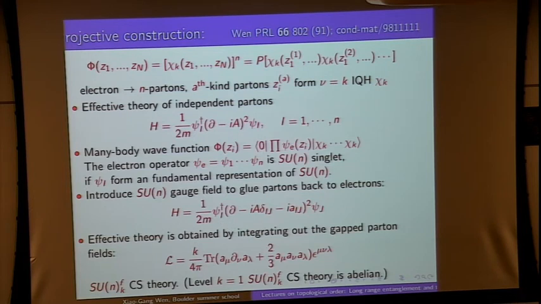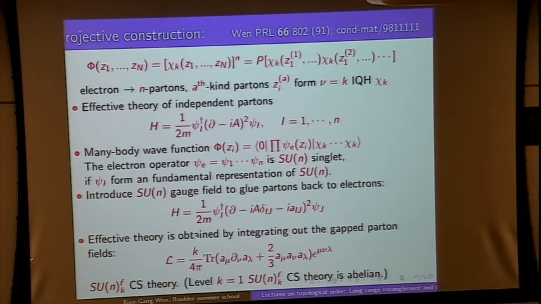We change the integration order. We integrate the partons first. Partons just form quantum Hall states. When you integrate the partons first, you get a Chern-Simons theory of the gauge field, not only of the magnetic field, but also of this SU(N) gauge field.